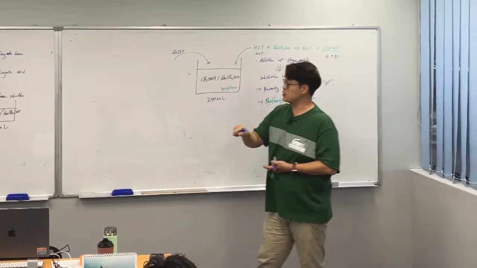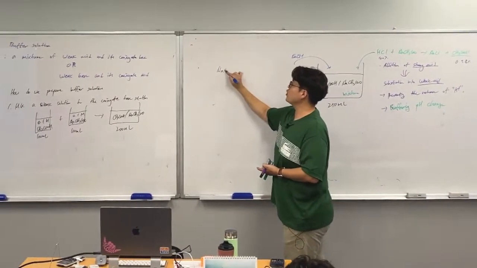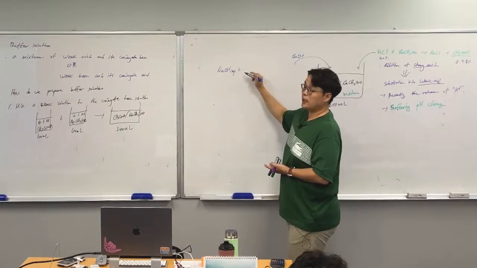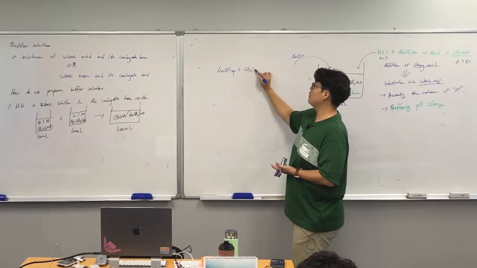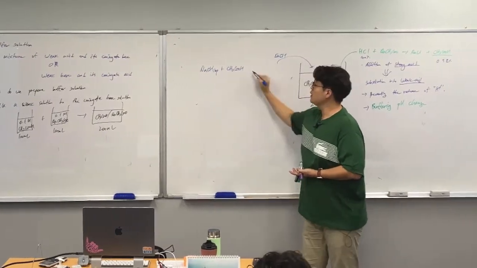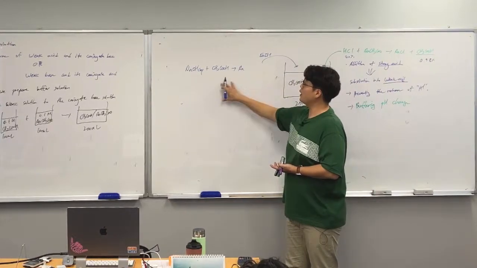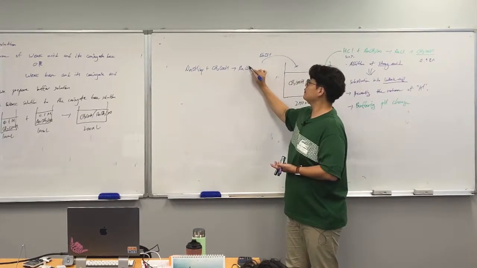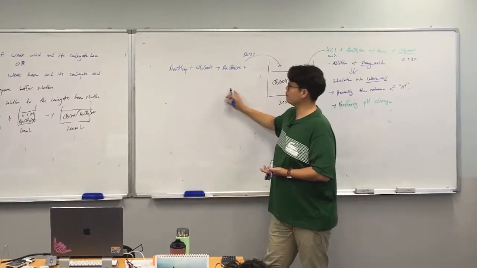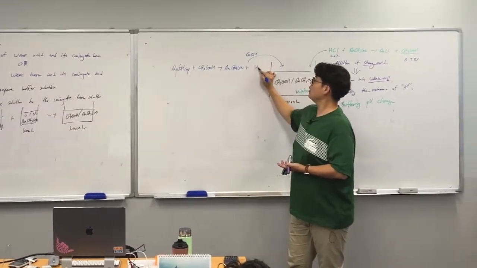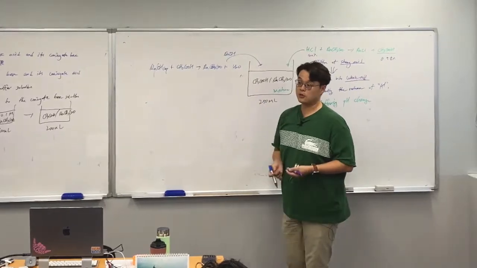It's acetic acid. So let's think about the reaction between sodium hydroxide and the acetic acid. This is now working as acid and base. So sodium acetate is formed, and water is formed too. Neutralization: salt and water.